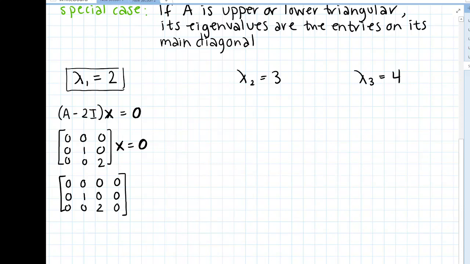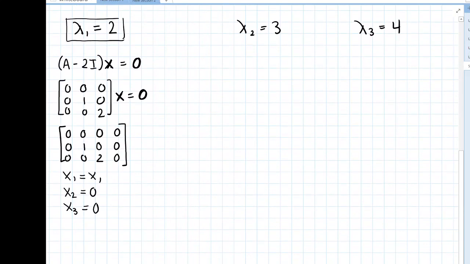We can just look at the solutions from this. If we look here, we see that the first column has no pivot, and so that means x1 is free, or we can say x1 is equal to x1. x2 has to be 0, because this would say x2 equals 0, and then the last one, 2 times x3 has to be 0, so x3 also has to be 0. And so that tells us that our solutions are of the form x1, 0, 0.